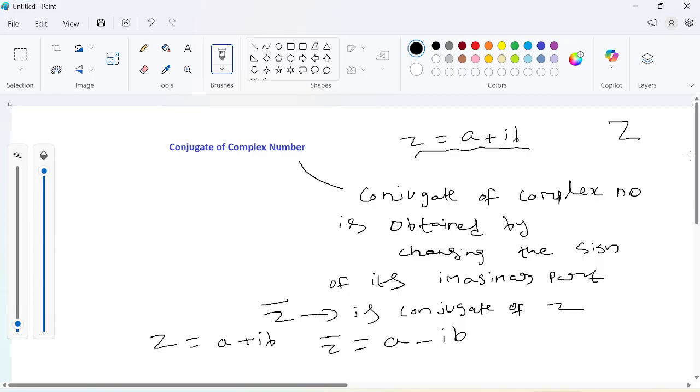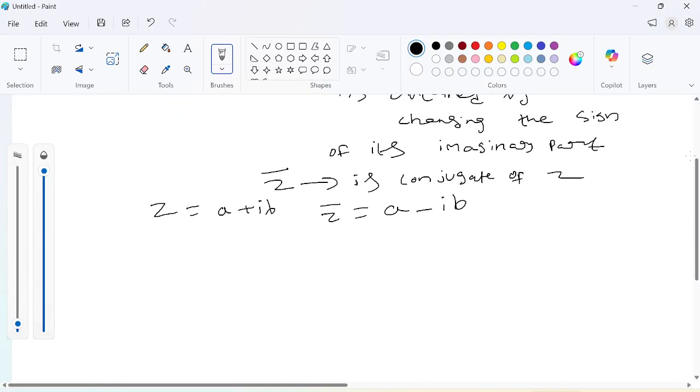Very simple. Instead of plus, change the sign. Suppose z is equal to a minus ib, then z bar will be a plus ib. That is how the conjugate will be.